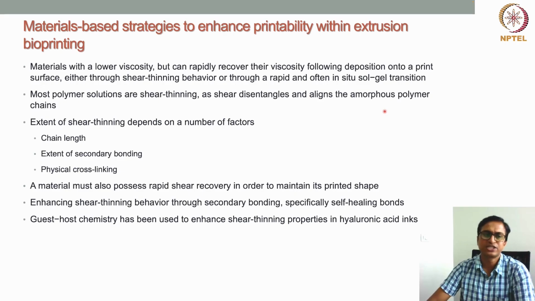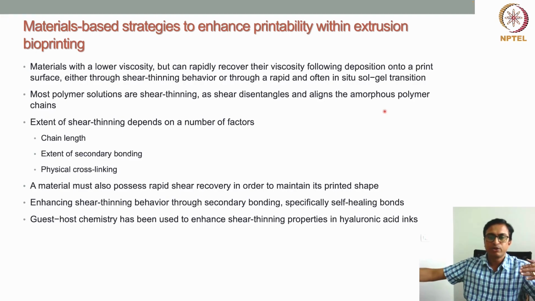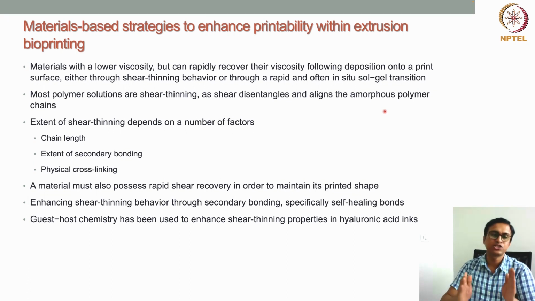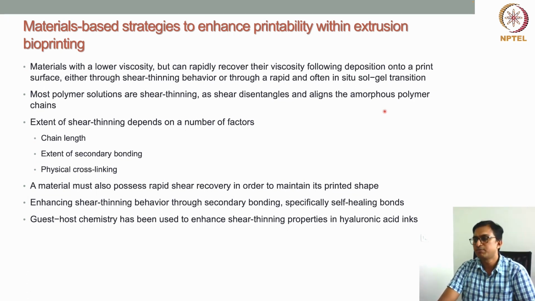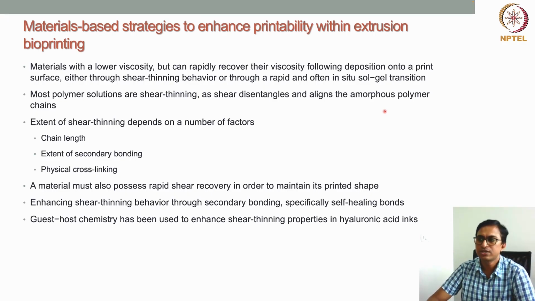These are the factors. The chain length of a polymer determines the shear thinning property, because if the chains are very long, they will always have a higher chance to get entangled with each other than shorter chains. Then there is the extent of secondary bonding, such as intra or intermolecular hydrogen bonding, hydrophobic interaction, and physical interaction within the polymer.